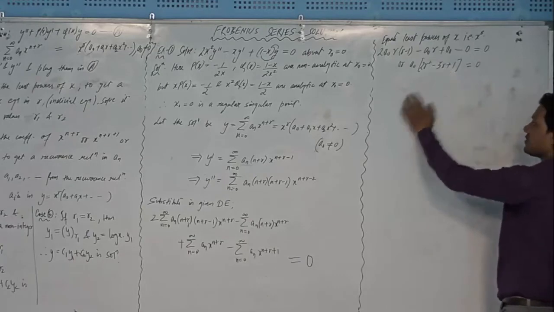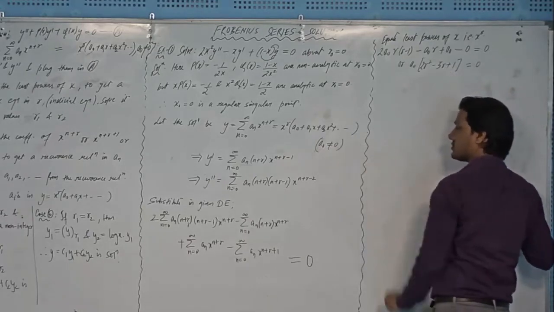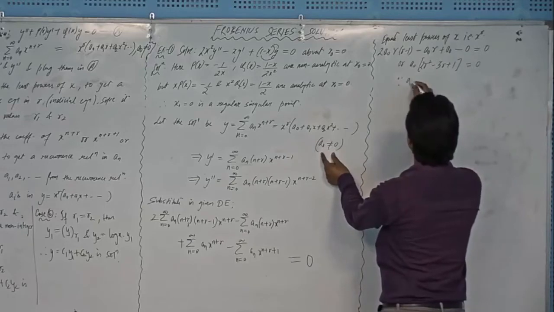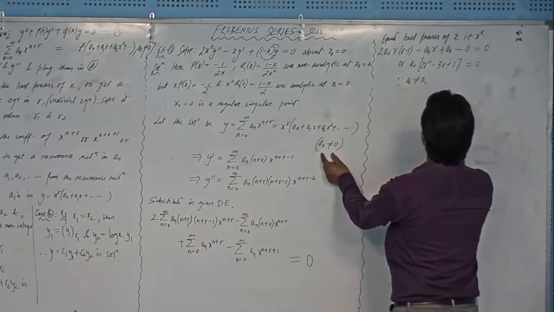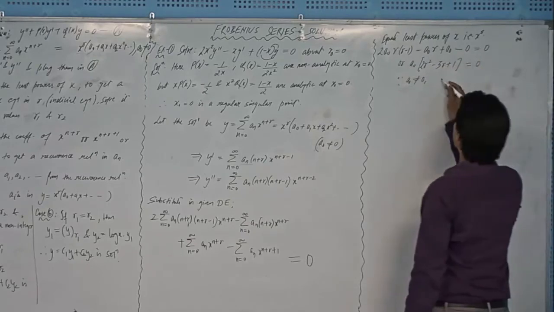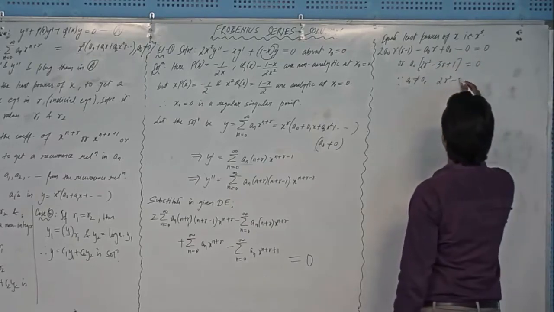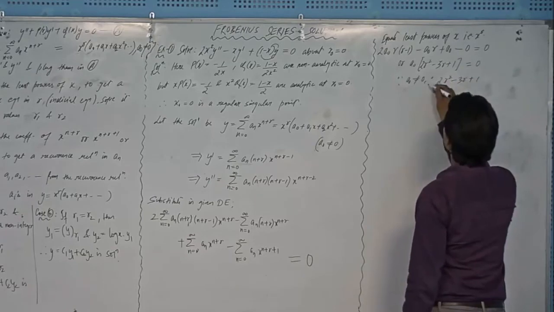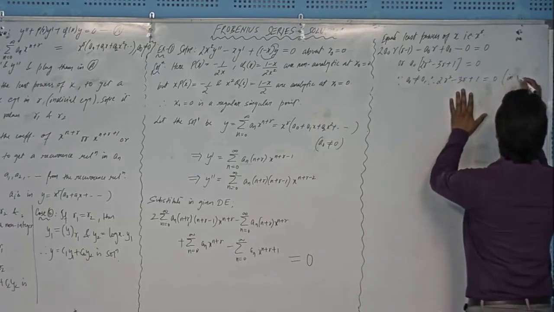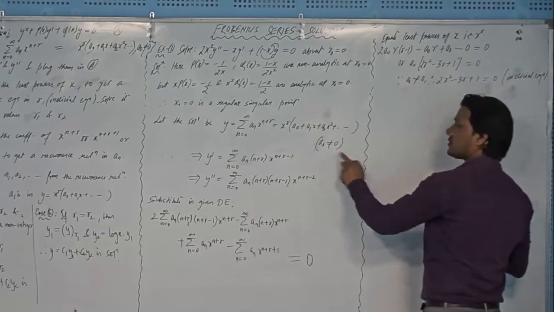And now comes the explanation of why a naught is not equal to 0, right? Since a naught is not equal to 0, this factor should be 0 in order to get a 0 product, right? Therefore 2r square minus 3r plus 1 equal to 0, and this is called the Indicial Equation. So now you should understand the role of this a naught.